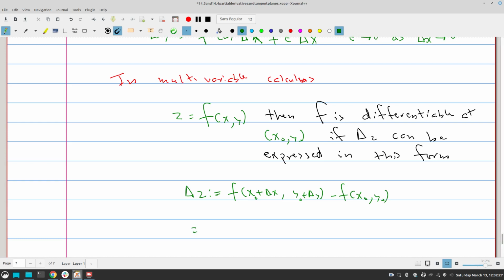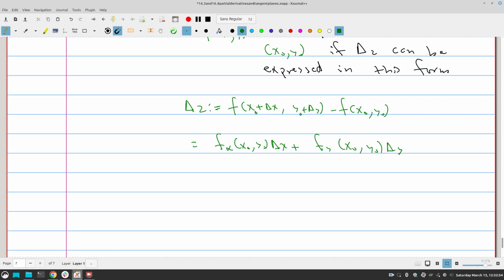If this can be expressed as fx(x0, y0) delta x plus fy(x0, y0) delta y plus epsilon 1 delta x plus epsilon 2 delta y, right?